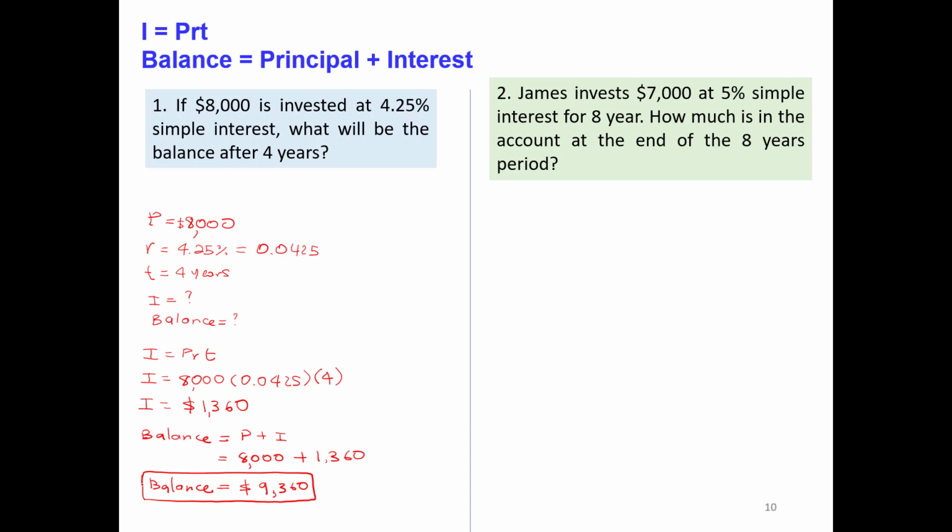Then the balance after 4 years will be 9,360. Then let's try the last problem.